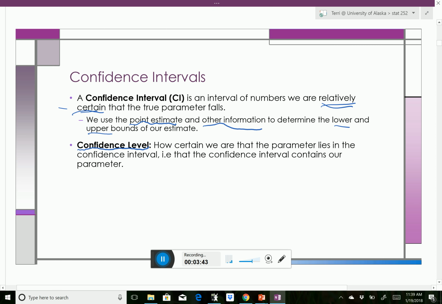So one thing I really want you guys to be careful about is the difference between confidence and probability.